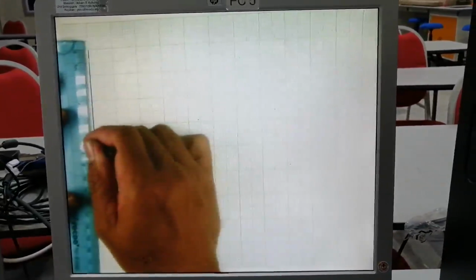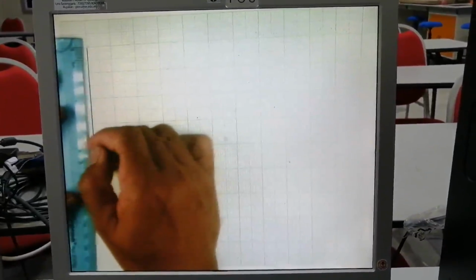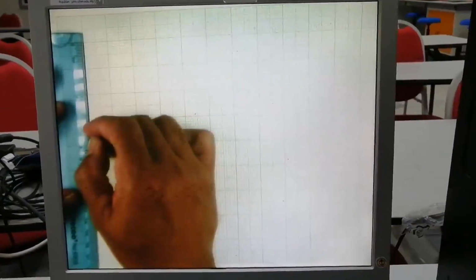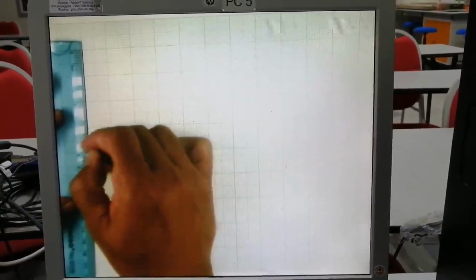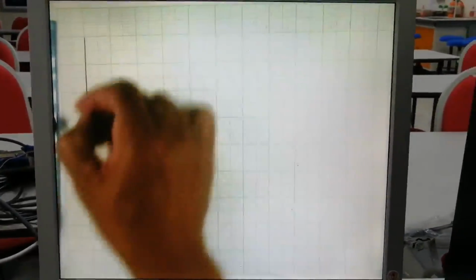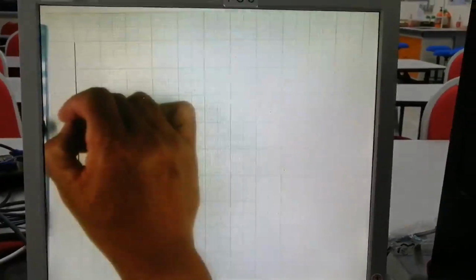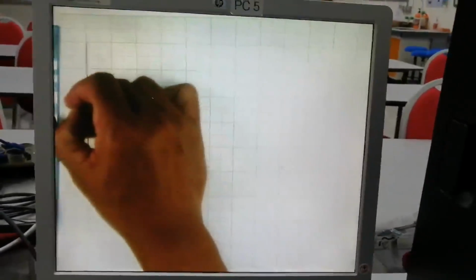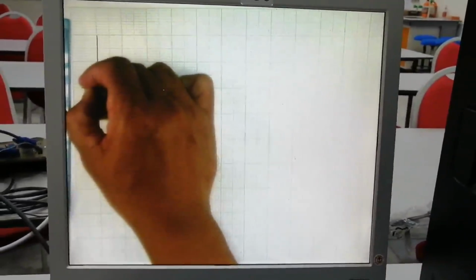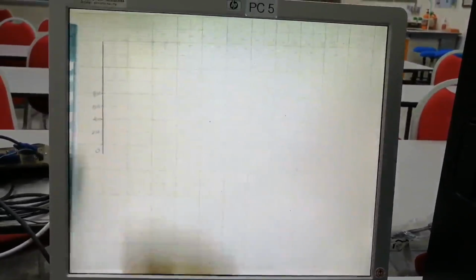Let's see here, we start 0 here, then this one is 1 centimeter, meaning that here is 200, and then we have 400, then 600, and then we get 800. Okay, this is our scale.